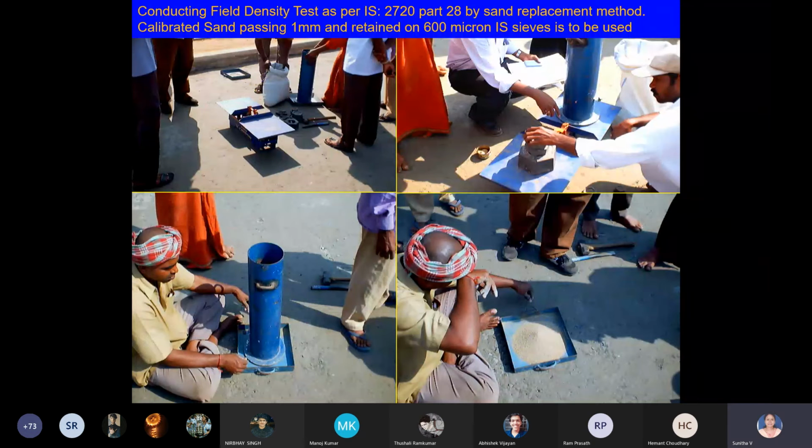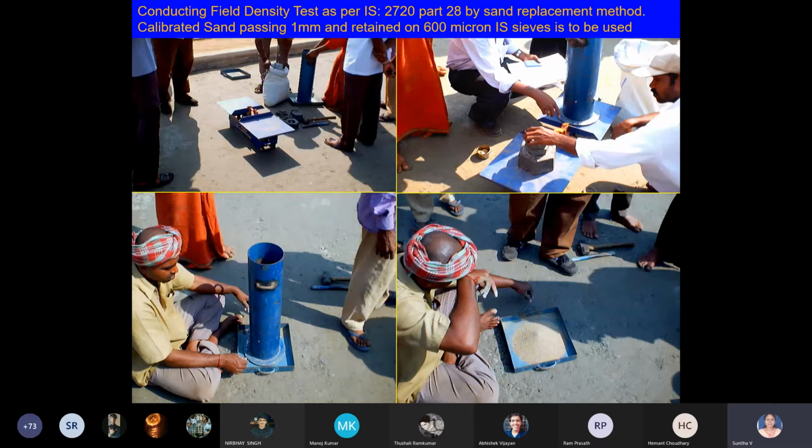If you're compacting, say, a 1 meter or even a 5 meter embankment, it's not possible to compact all 5 meters at once. You can't dump the material for 5 meters and compact it at a time. It should be compacted in various layers, depending on the type of soil you are using and the type of machinery you have.